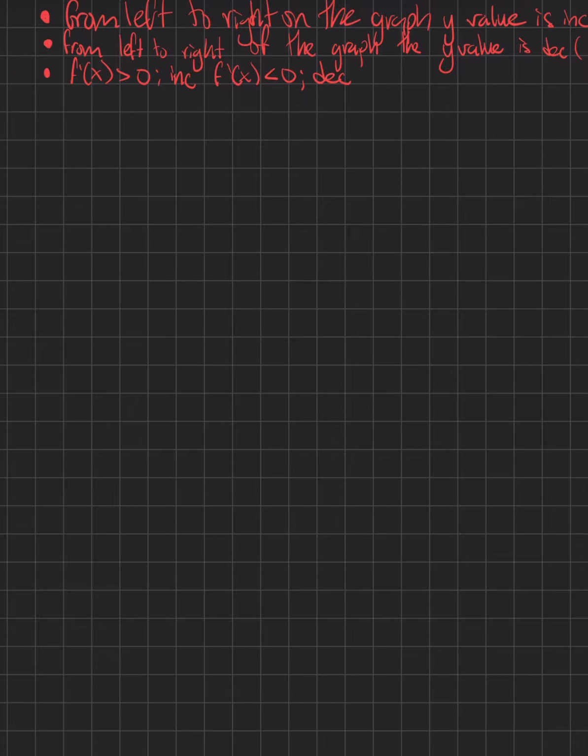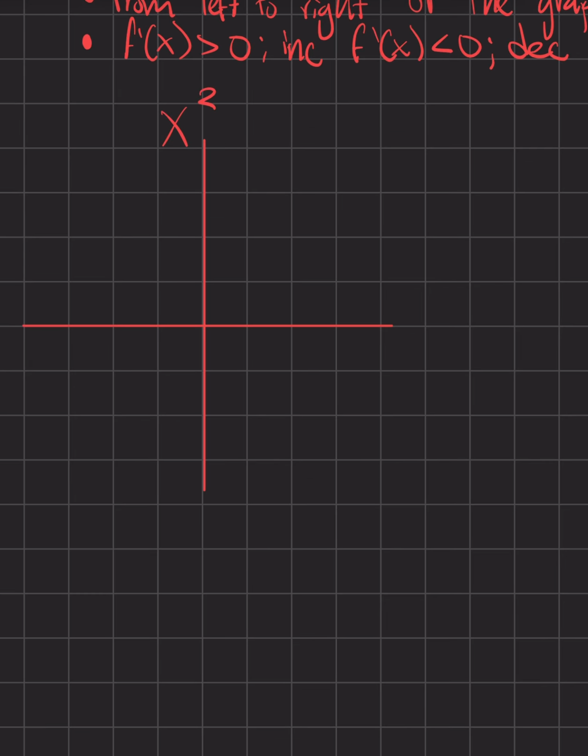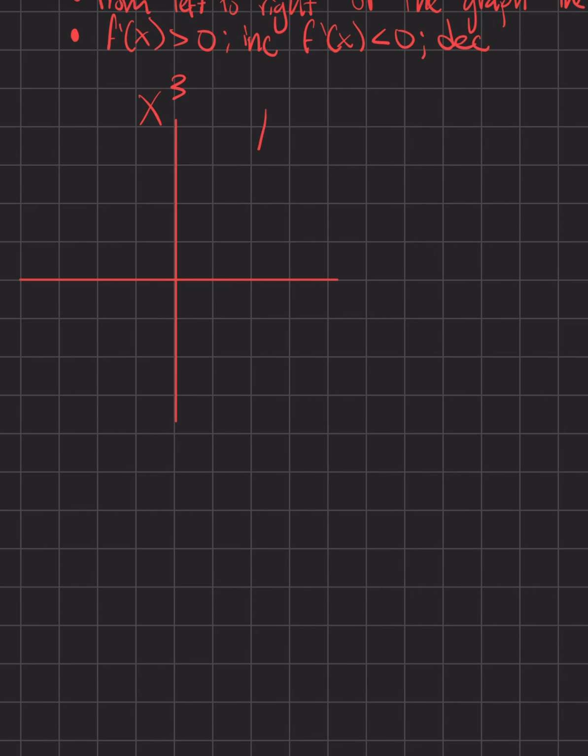Now, graphically, if you look at this, to start off, for an example, say x cubed, right? And x cubed kind of has this little wiggly pattern. Say we take a tangent point here, and then here.